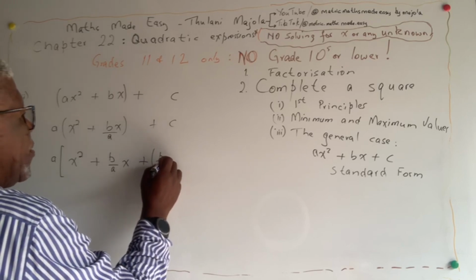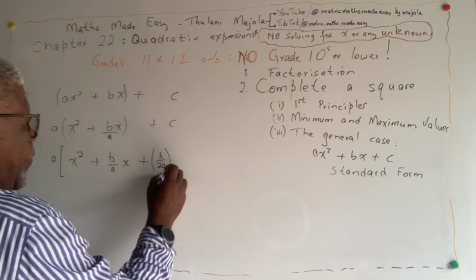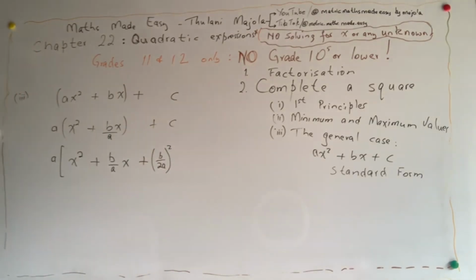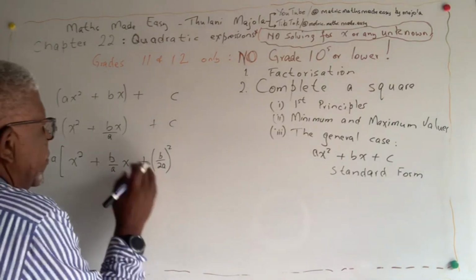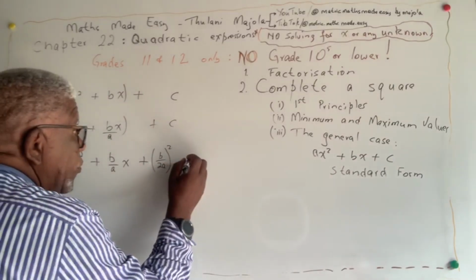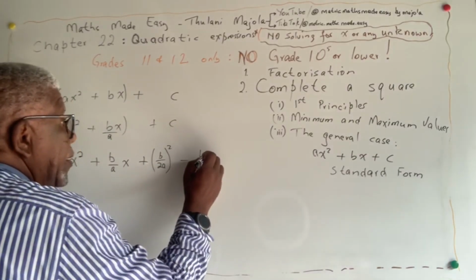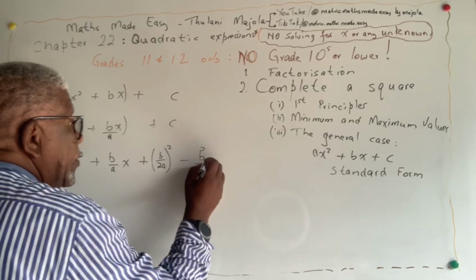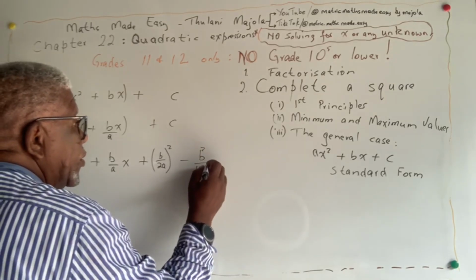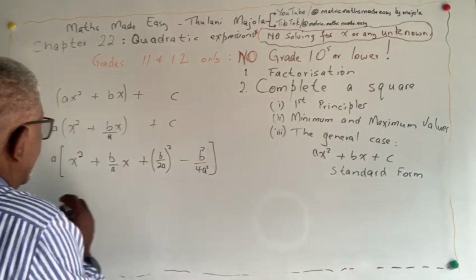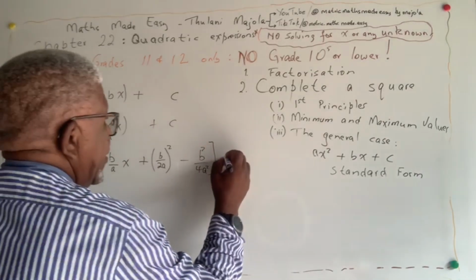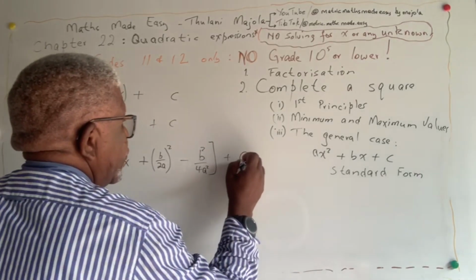So we add b over 2a and you square it. But now we're changing the expression, so we have to subtract it also. So we subtract b squared over 4a squared, and then you close your brackets and add your c.